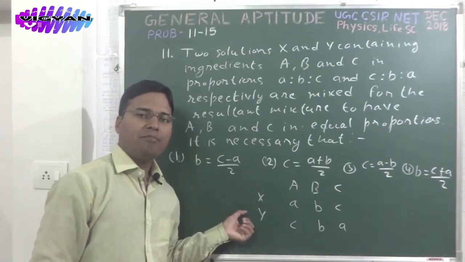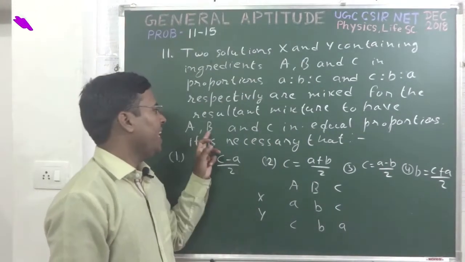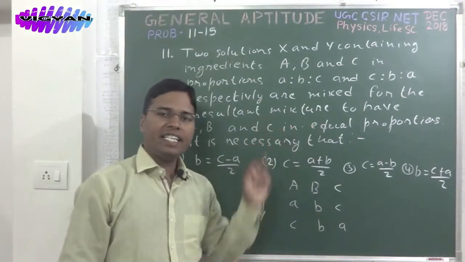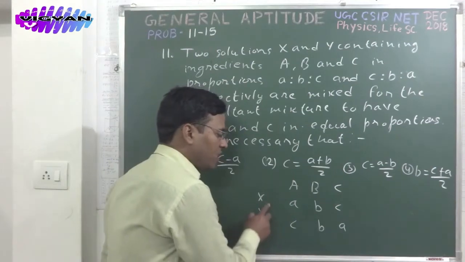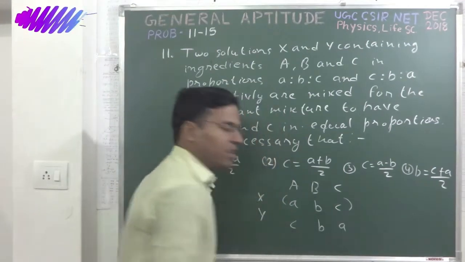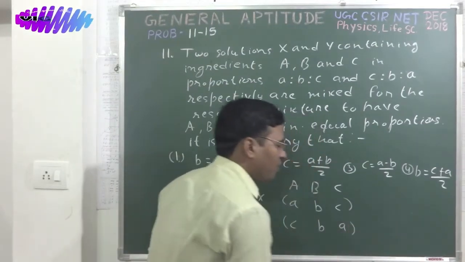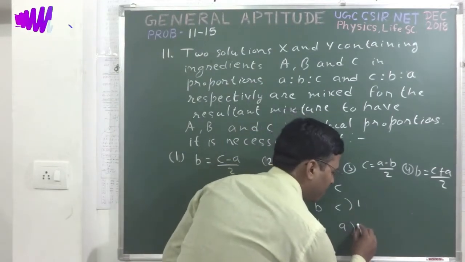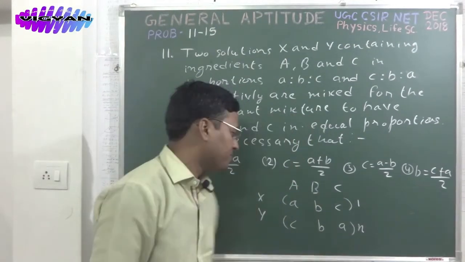These solutions are mixed such that in the mixture solution, A, B and C are in equal proportion. So let's assume these solutions X and Y are mixed with each other in a ratio of 1:n. n may be any rational number.